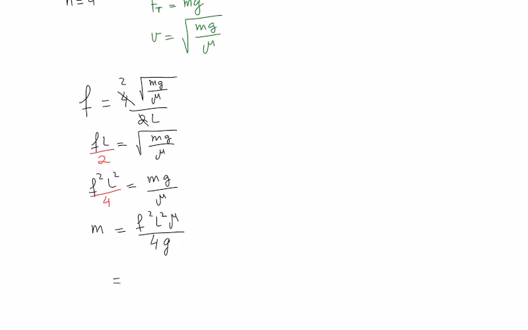Well, let's plug in the numbers and see what we get. That equals 120 hertz squared times the length, 1.2 meters, squared, times the linear mass density, 16 grams per meter, divided by 4 times 9.8 meters per second squared, which will give me about 8,464 grams.